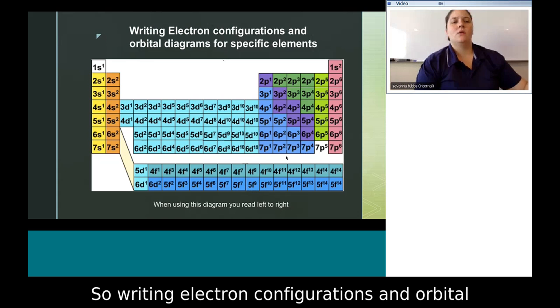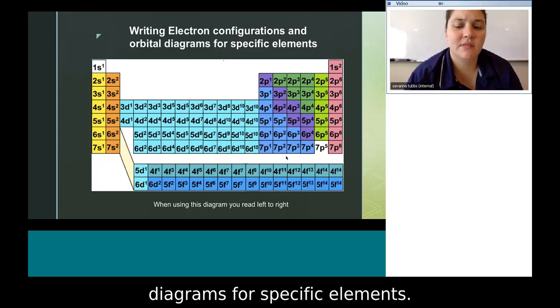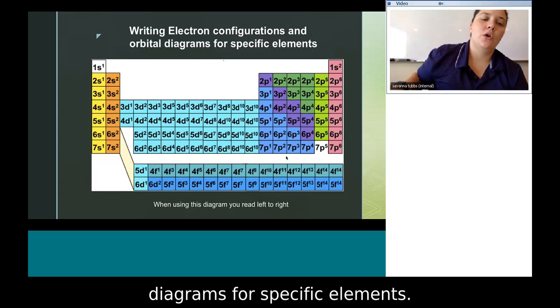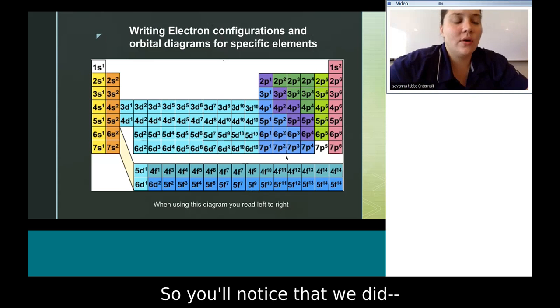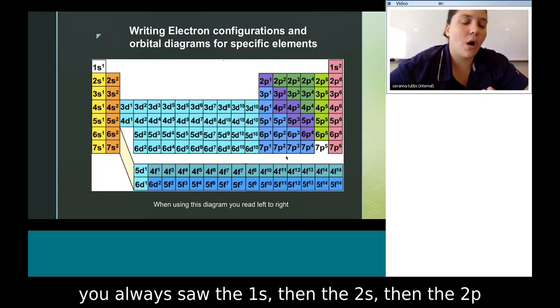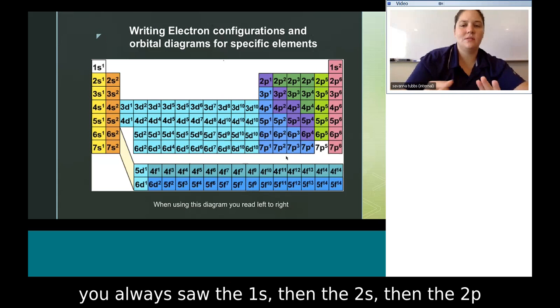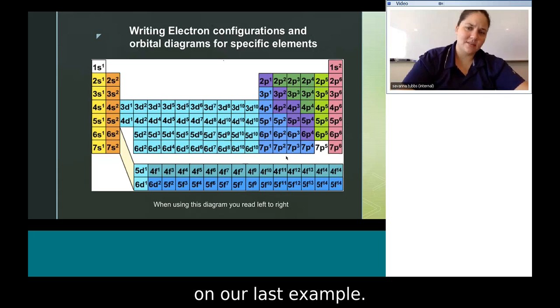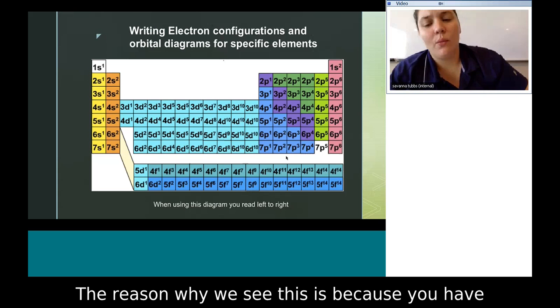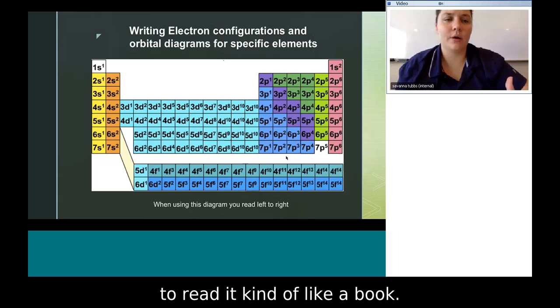All right, so writing electron configurations and orbital diagrams for specific elements. So you'll notice that you always saw the 1s, then the 2s, then the 2p on our last example. The reason why we see this is because you have to read it kind of like a book.